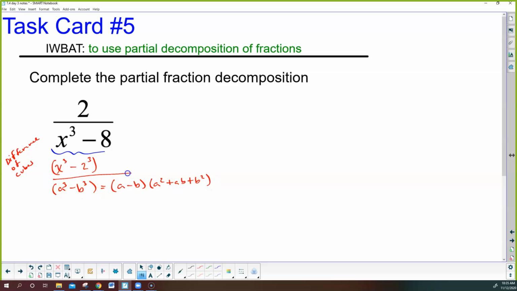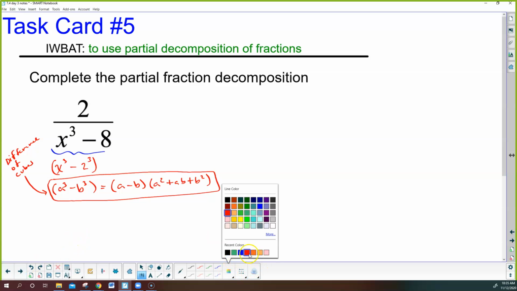And in calculus, they expect that you remember this. It doesn't come up often. I just want you to be aware of that. But how does that factor out then? Well, let's look at this.